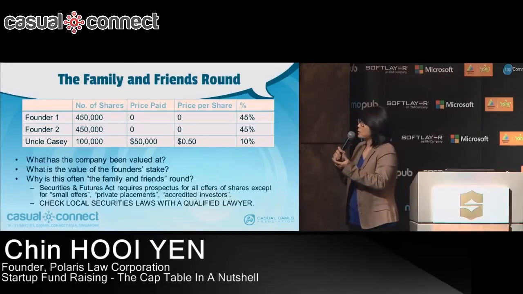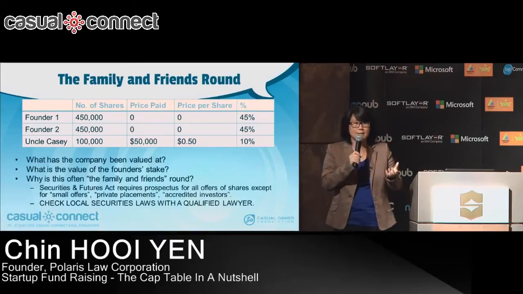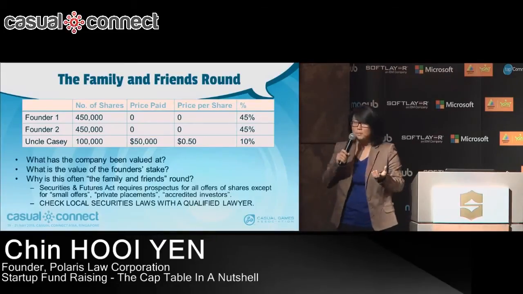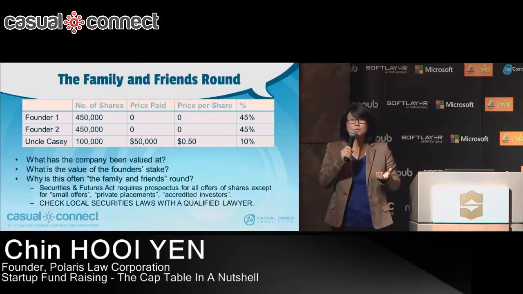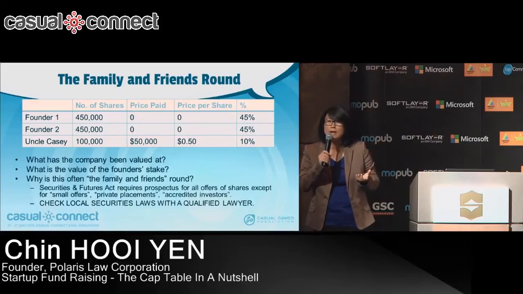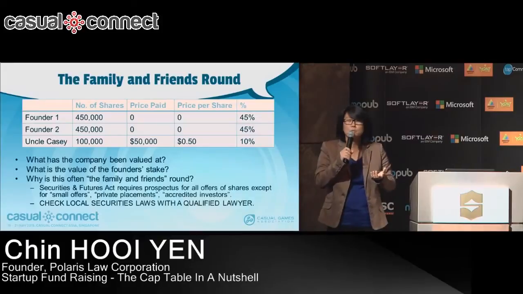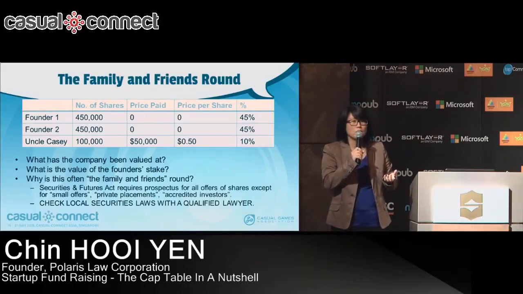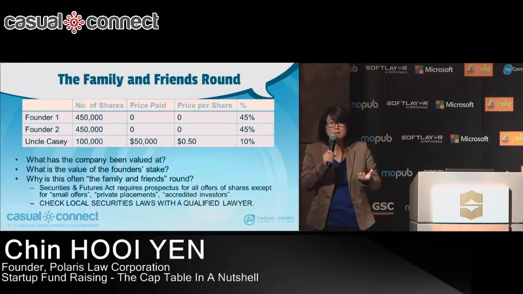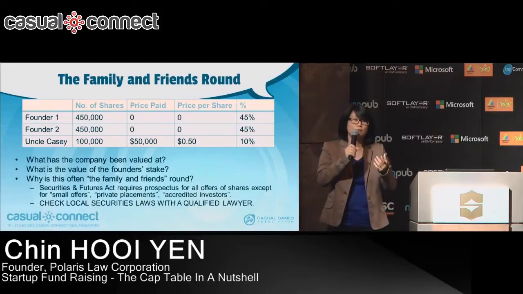I have put in some of the exceptions in the slide. Some of them are called the small offers exception. This refers to an offer of securities where the entity raises $5 million or less within 12 months. There are other requirements.